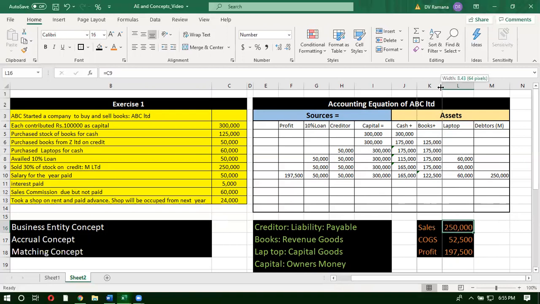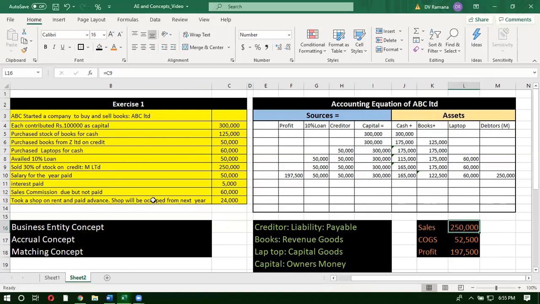So the profit will be calculated by deducting only 30% of the cost of goods, and that is called the matching concept. The matching concept also says all the expenses incurred to earn this 250,000 should be deducted to determine profit.